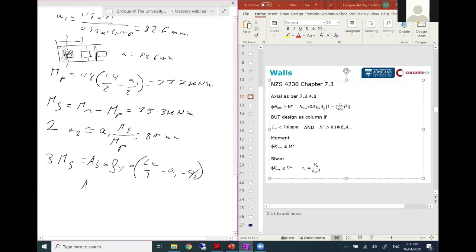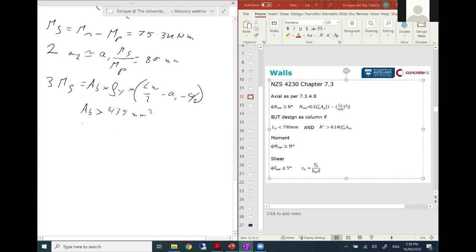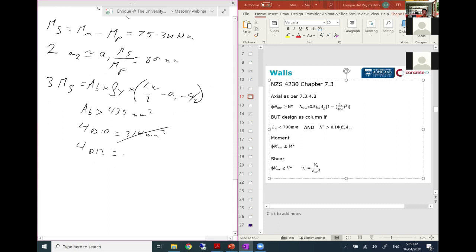From here we obtain AB, which has to be higher than 435 square millimeters. Now we could try D10s, and that is 314 square millimeters, so not enough. For D12, this is 452 square millimeters, so just over the minimum that we require.